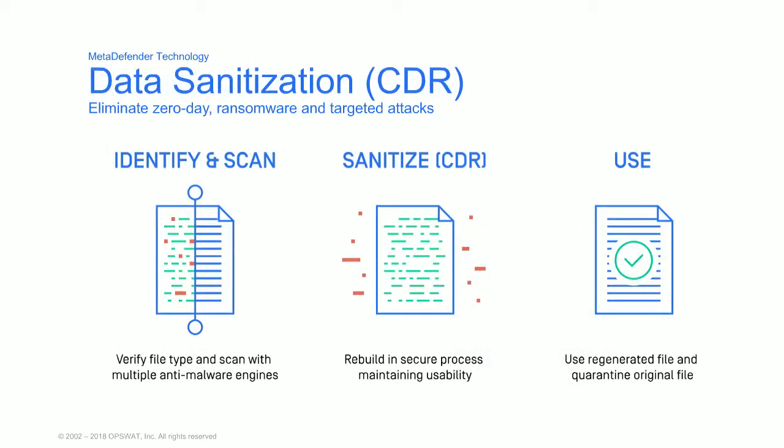Now, one of the things I kept mentioning is the fact that you need to sanitize your user input. What we propose is a technology that we call data sanitization.